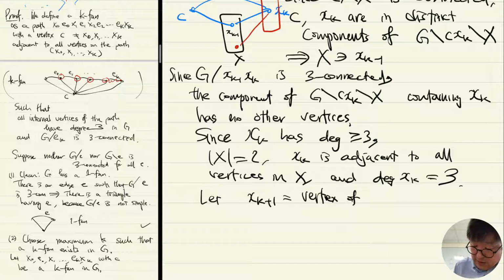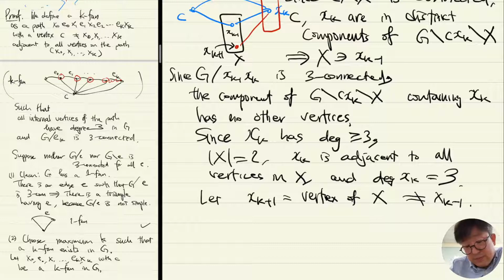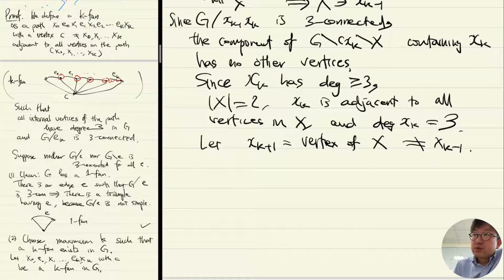The vertex of x other than xk minus 1, so that's going to be xk plus 1. All right. So let's assume one case.